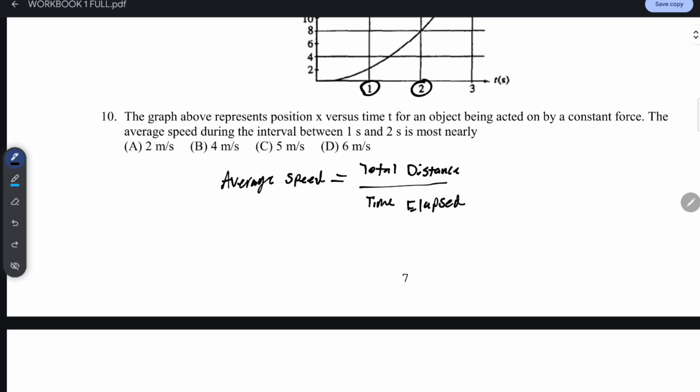Since the position x is always increasing, you can see that it's literally increasing. The total distance is equal to the displacement, so x2 minus x1.